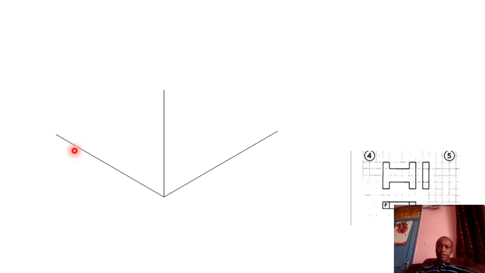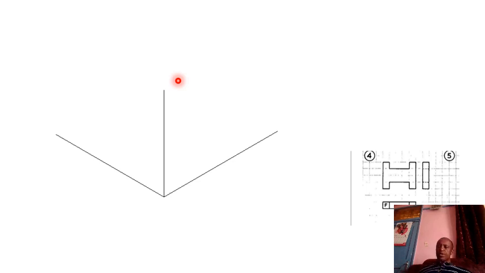This one as 30 degrees. Remember, we are drawing in construction lines. Yeah, they may appear here to be finished, but these are all construction lines. So we have this at an angle of 30 to the horizontal, and this one also at 30, and this at 90 degrees.